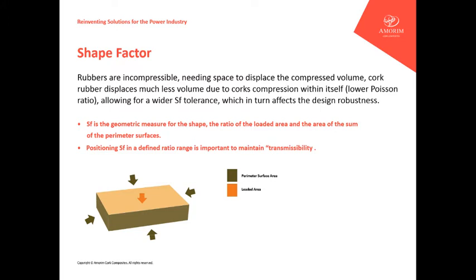That will give a number that in VC materials, in cork and rubber materials, is wider than typical vibration control materials, due to the cork. Typically we should design between 0.9 and 4 as the ideal shape factor when designing these solutions.